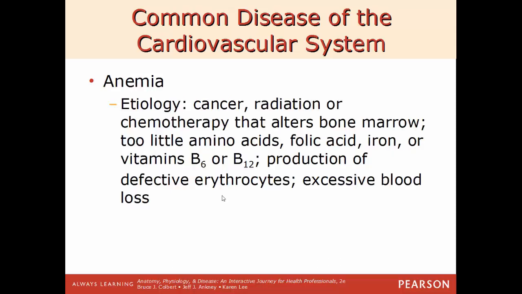The anemia. Etiology for anemia could include cancers or radiation or chemotherapy that alters the bone marrow, or having too little amino acids, or folic acid, or iron, or vitamins B6 or B12. Also be caused by the production of defective red blood cells, or having an excessive blood loss.